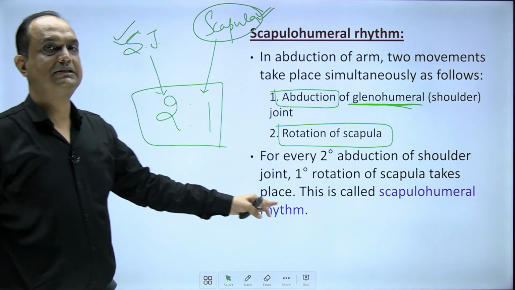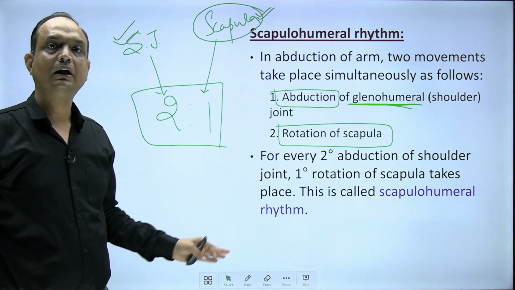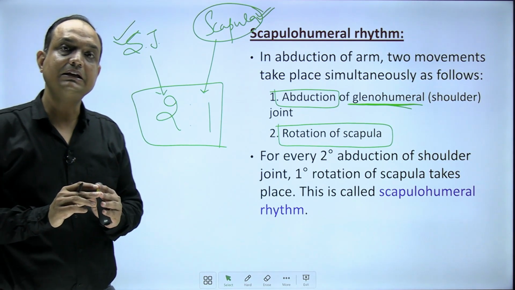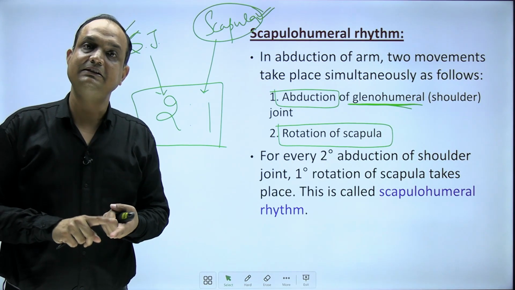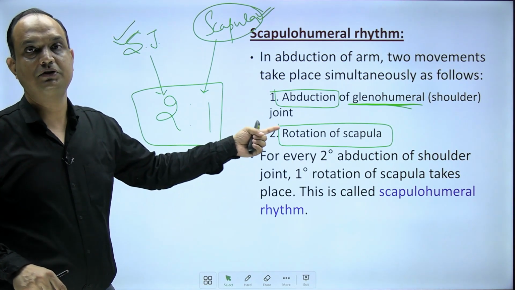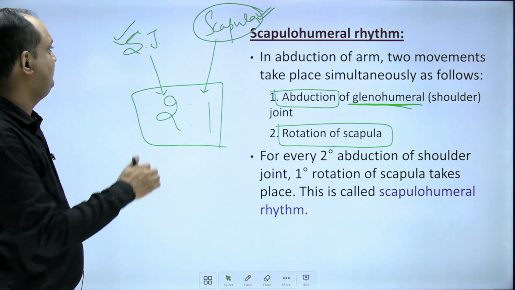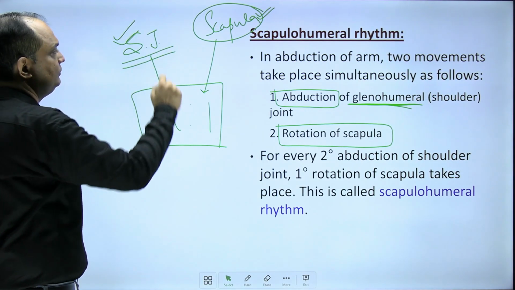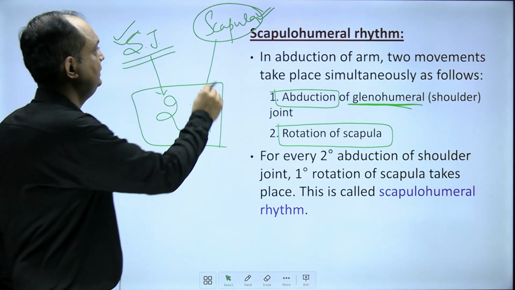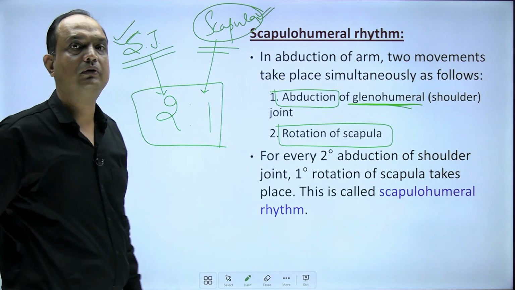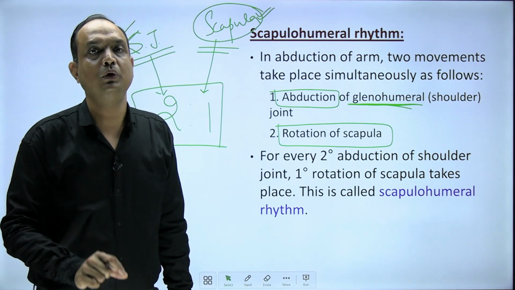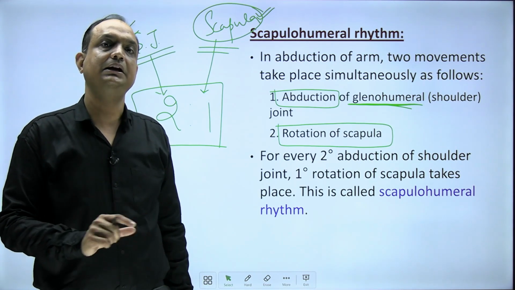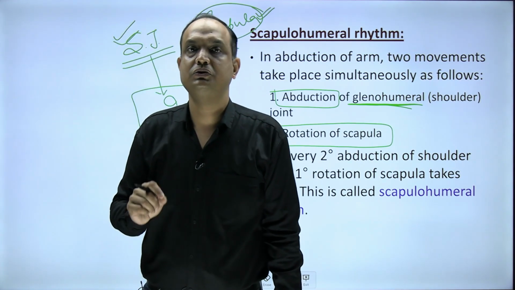This is called scapulohumeral rhythm, where there is a simultaneous movement by the humerus as well as the scapula at the time of abduction, and the ratio is that every 2 degrees of movement at the shoulder joint is associated with 1 degree of forward rotation of the scapula, which is termed scapulohumeral rhythm, and it is related to abduction at the shoulder joint.